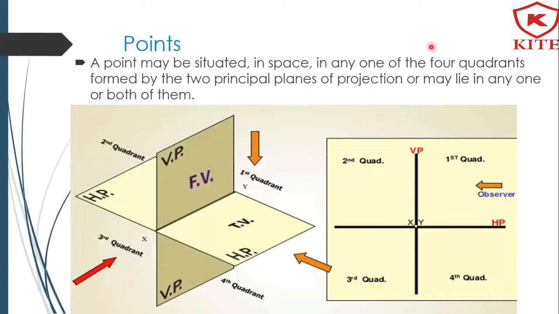Okay, so points. A point is an entity which may be situated anywhere in space, in any of the four quadrants.